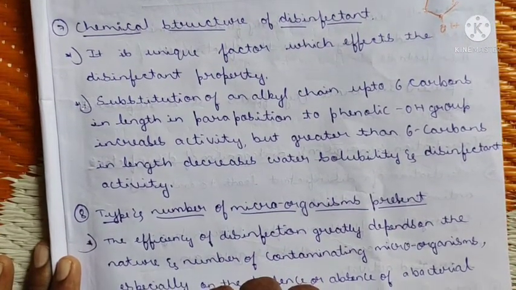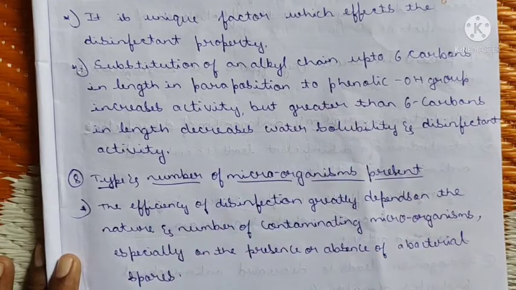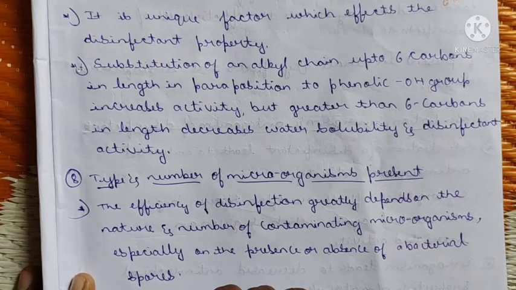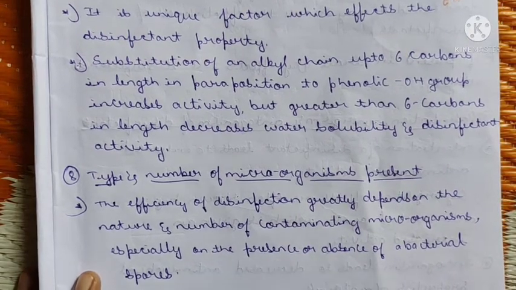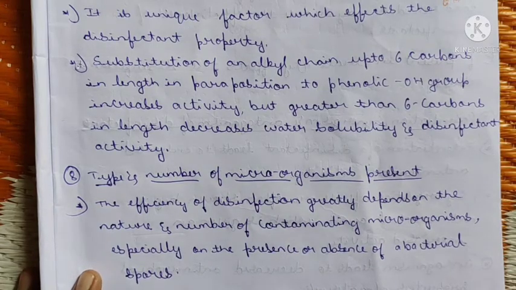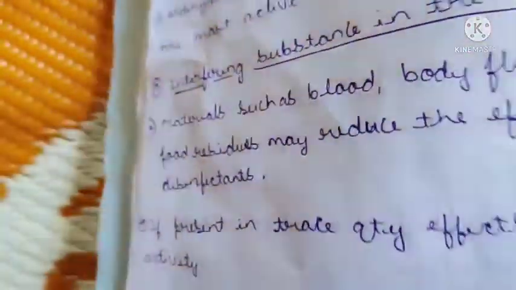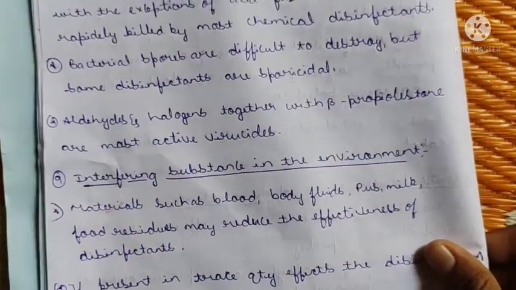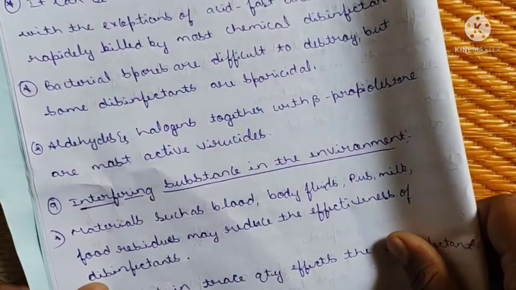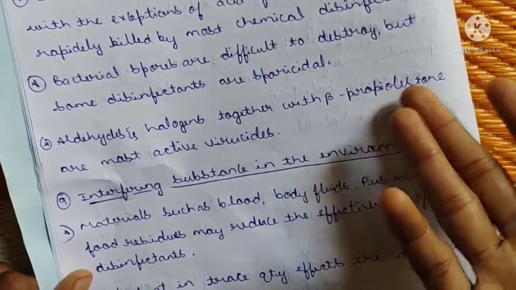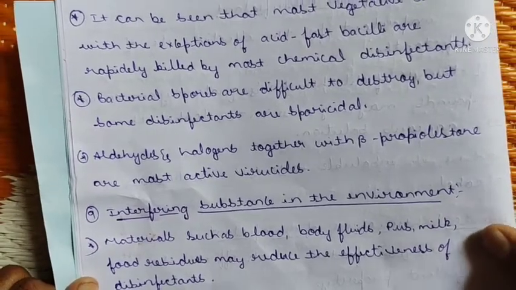Then the type and number of microorganisms present. Which type of microorganism is present is also very important. The efficiency of a disinfectant greatly depends on the nature, which type, and the number, how many are present, especially on the presence or absence of bacterial spores. Generally, disinfectants are unable to kill bacterial spores, because for spores we require a greater extent of disinfectants and antiseptics.